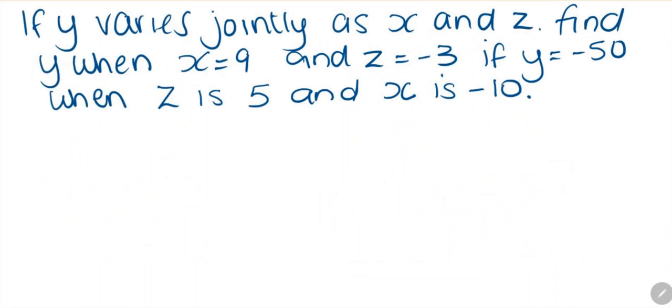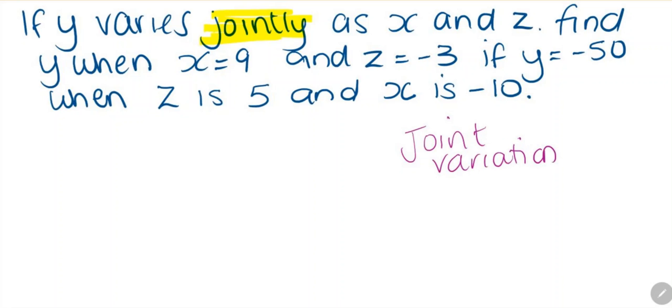Okay, so we have, if y varies jointly, so that is our clue, as x and z, find y when x is 9 and z is minus 3, if y is minus 50 when z is 5 and x is minus 10. So we're going to be using the joint variation formula. y is going to vary jointly as x and z.